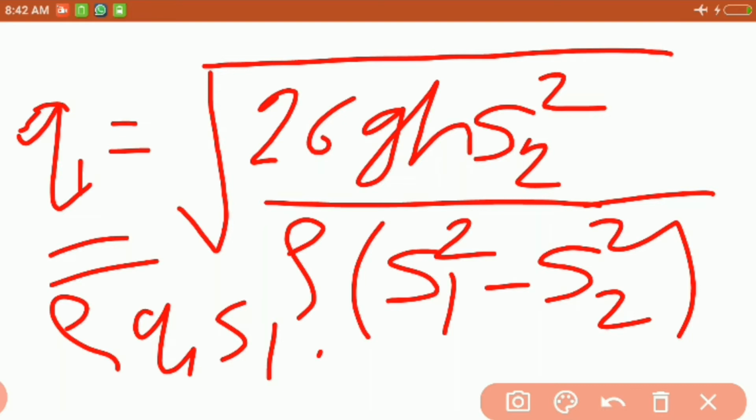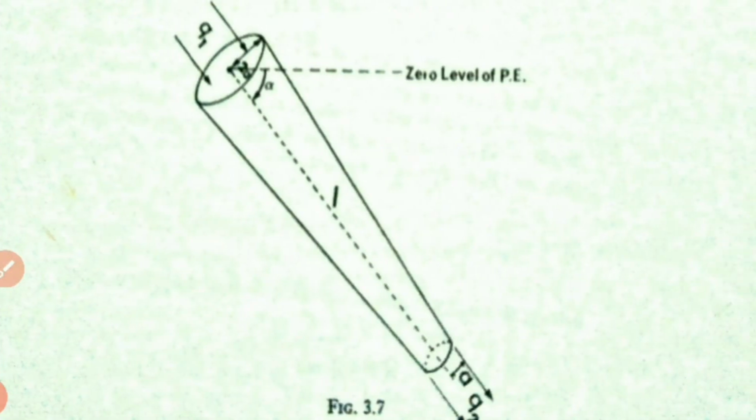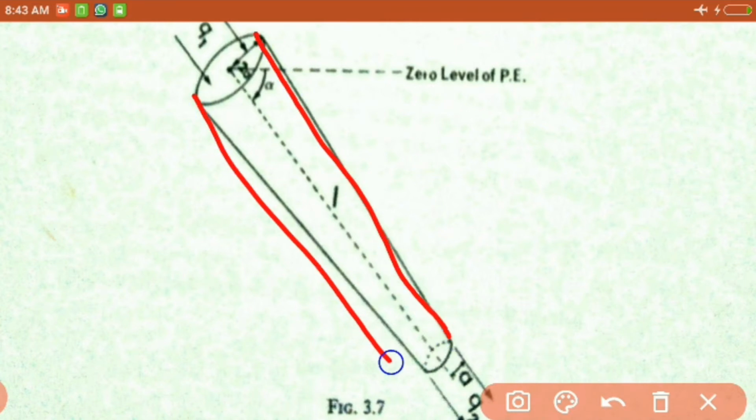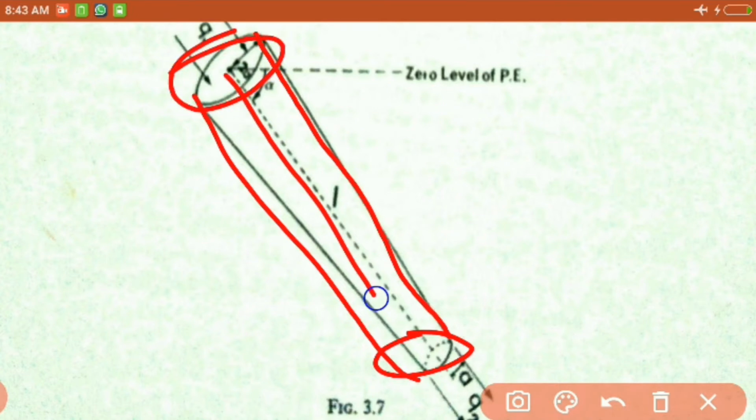Now after this Venturi tube, we'll see another example. A long pipe of length L has a slowly tapering cross section.